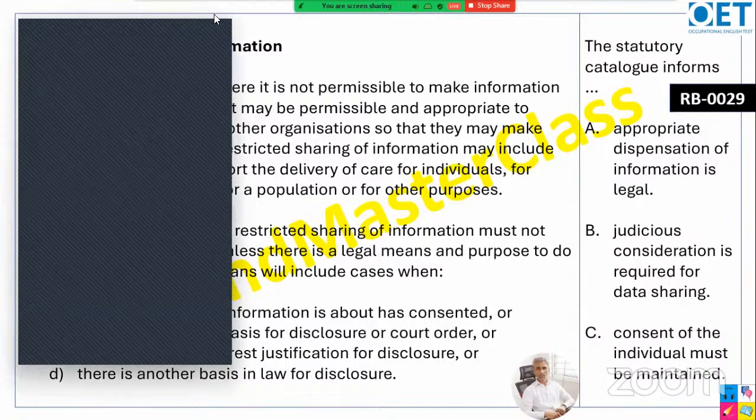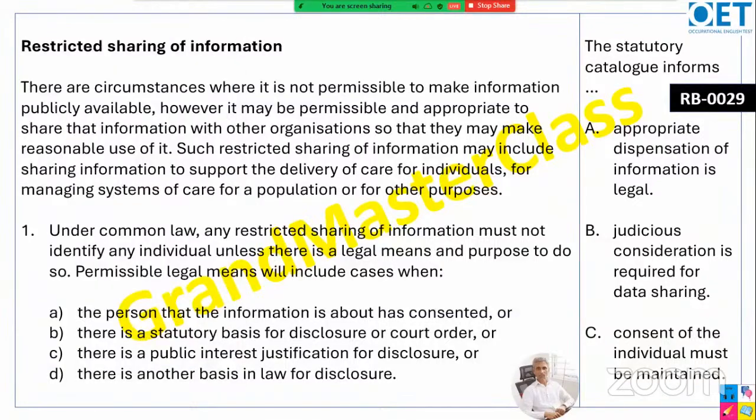Yes, sir. I will speak quickly because I'm on duty now. The answer is in the first line in the contrast paragraph. However, it may be permissible and appropriate to share the information with other organizations so that they may make reasonable use of it. So here is the answer. The complication is in the paragraph where 1 is written.